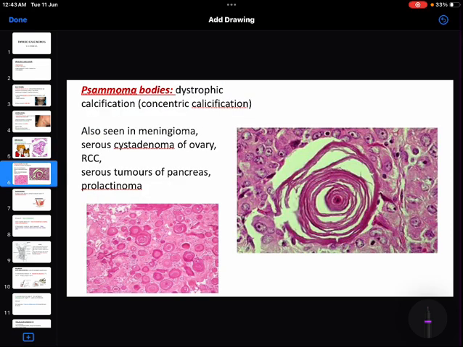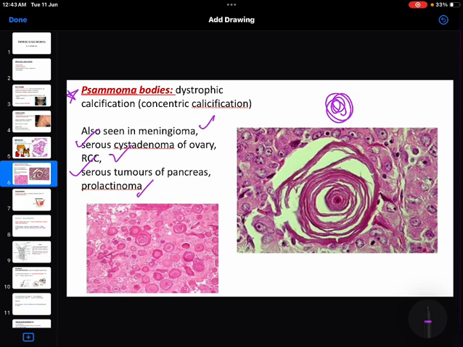Papillary thyroid carcinoma also presents with psammoma bodies. What are psammoma bodies? They are concentric calcifications. They are also seen in meningioma, serous cystadenoma of the ovary, serous tumors of the pancreas, renal cell carcinoma, and prolactinoma.